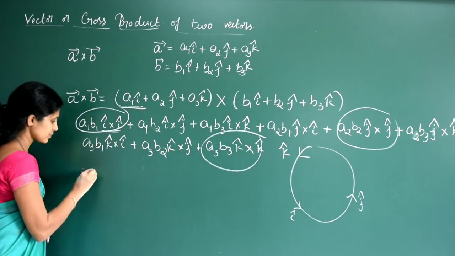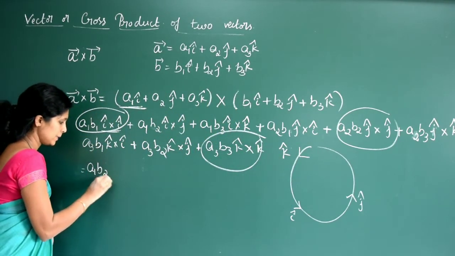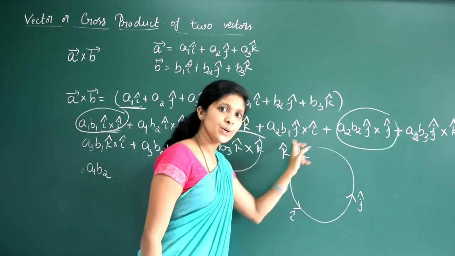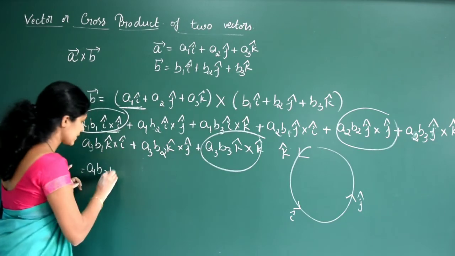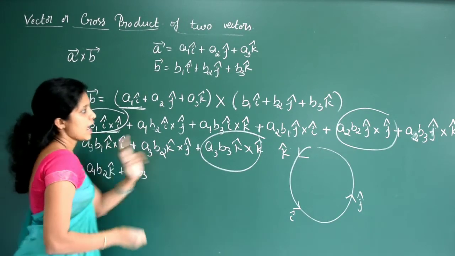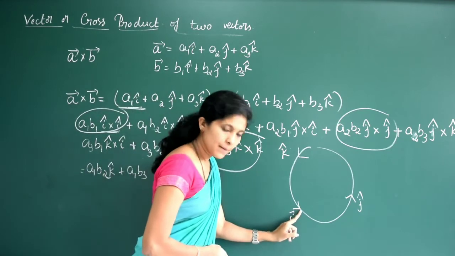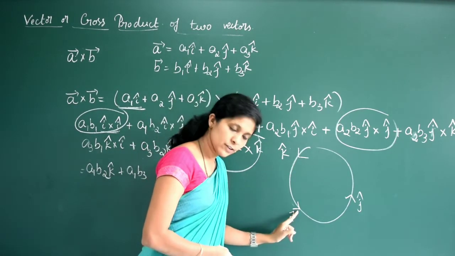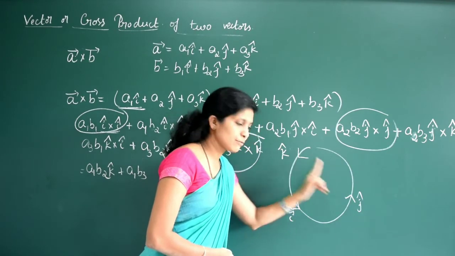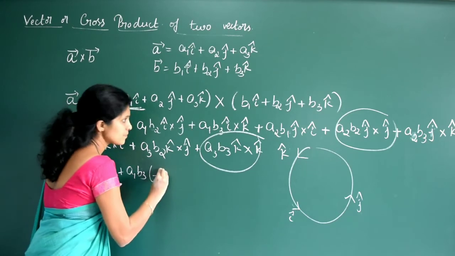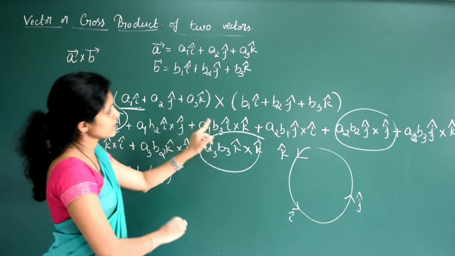Now see here, a1 b2 i cap cross j cap will be equal to k cap. Plus a1 b3 i cap cross k cap, the direction is opposite, so i cap cross k cap will be equal to minus j cap. Done with these two.